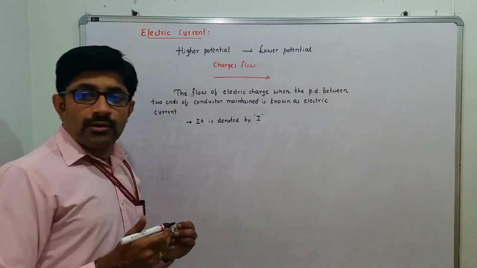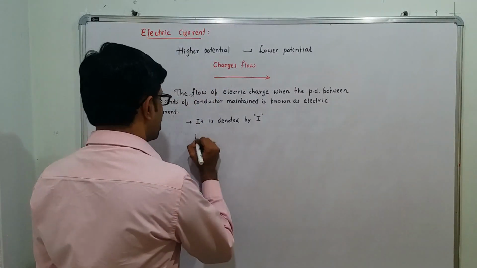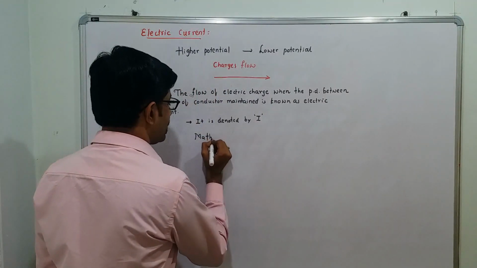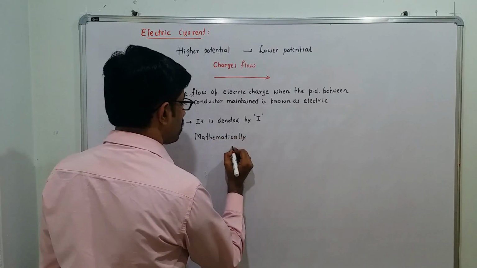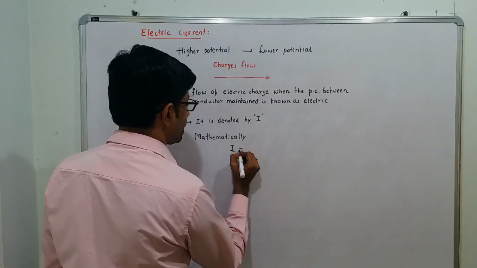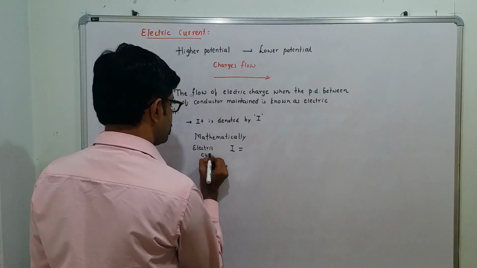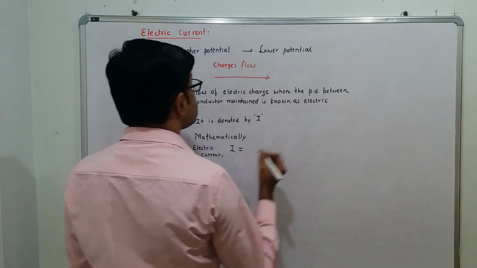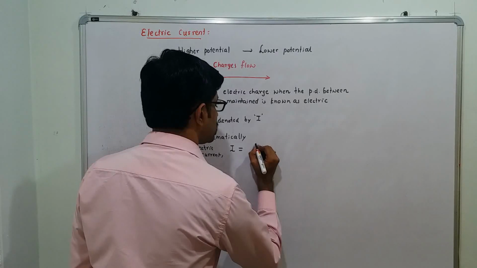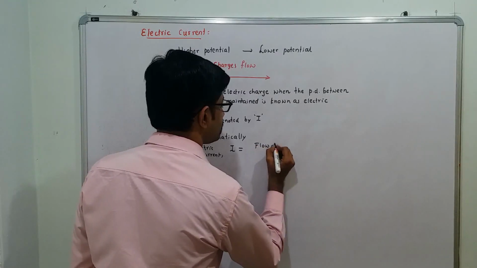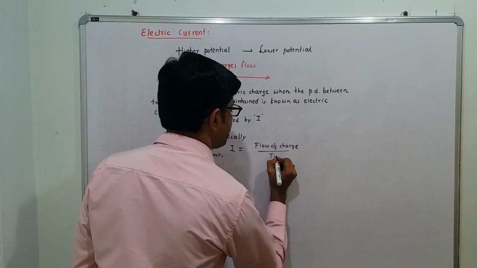Now, electric current is mathematically written as electric current I is equal to the flow of charge with respect to time.